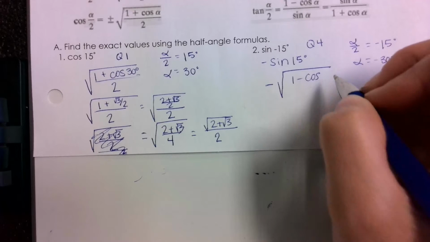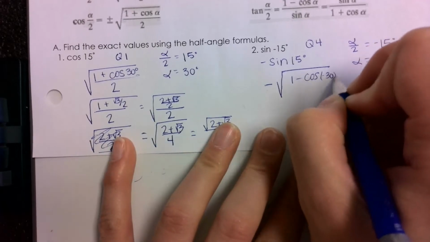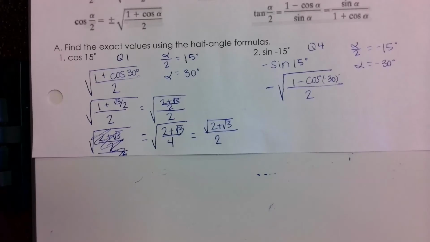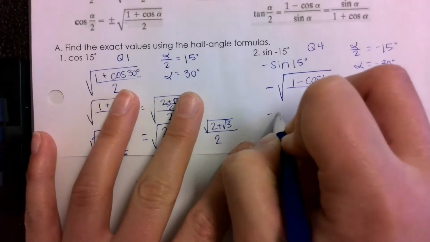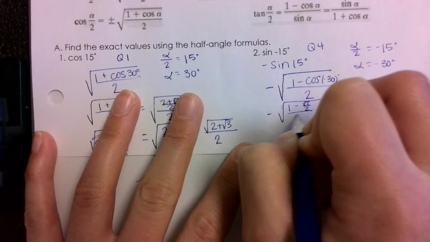Or negative 30, I guess. Over 2. And so what is cosine at negative 30? Square root 3 over 2, so we have negative big square root of 1 minus square root 3 over 2, all over 2.